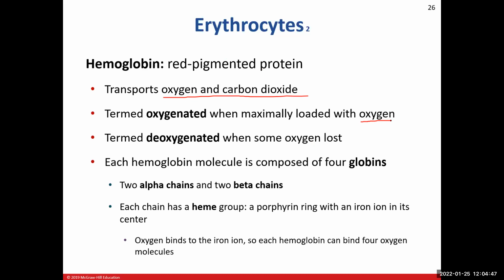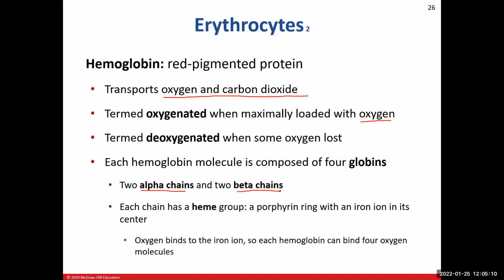When it has very little to none, then it's deoxygenated. So our hemoglobin molecule is a protein that gets folded up. It's made up of 2 alpha chains and 2 beta chains. Again, not terribly important for you to memorize that, just be familiar, but they're globulin protein molecules.